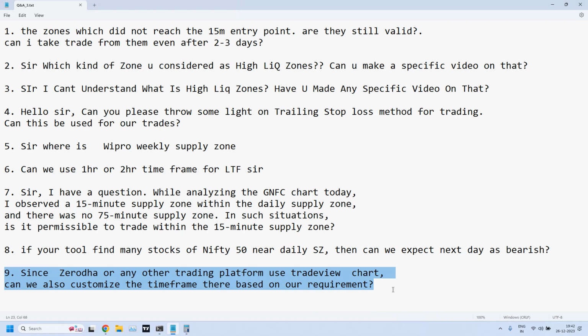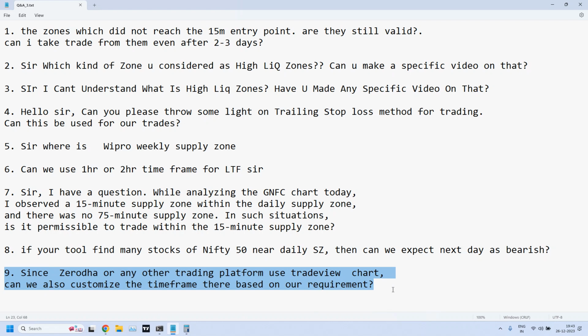If Zerodha or any other of your stockbrokers are providing TradingView charts and a 75 minute time frame, because we need only three time frames to be customized: 125 minutes, 75 minutes and 25 minutes. Only these three time frames are not available in the free version. The remaining time frames are all available in the free version.